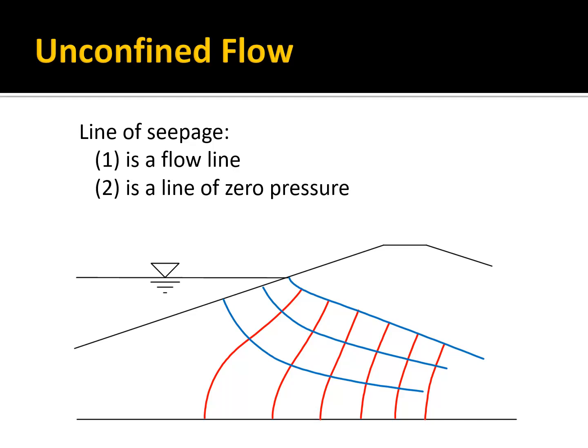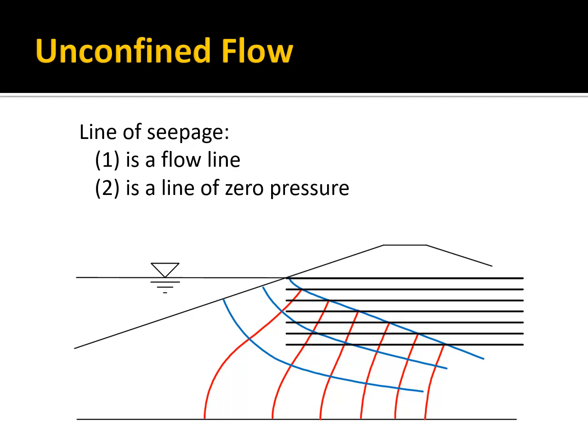So if you want to test to see if your line of seepage is correct, draw a line that intersects the locations where your equipotential lines reach that free surface. Those should be equally spaced vertically. Because remember, as you go from here to here, that's one drop, from here to here, it's another drop.